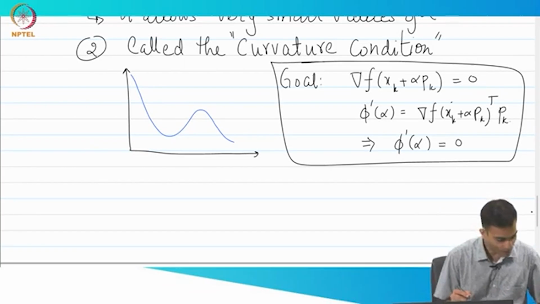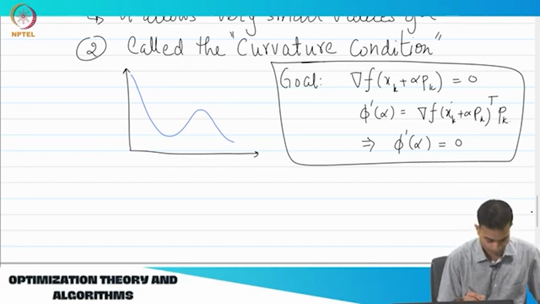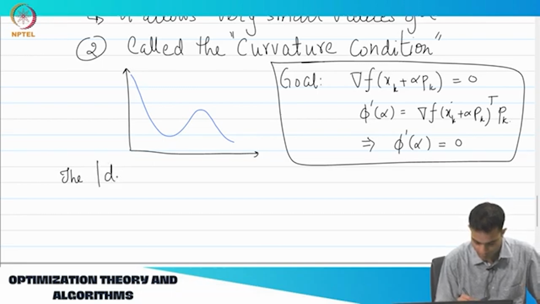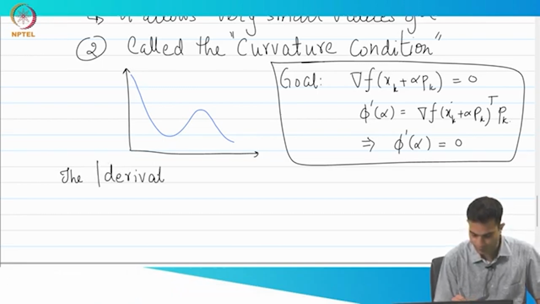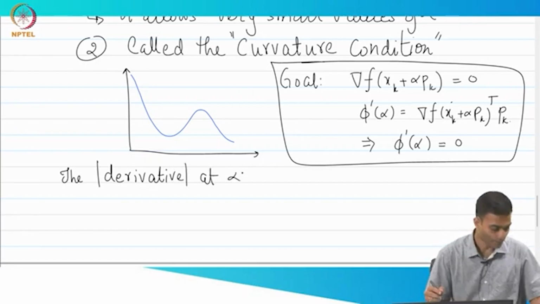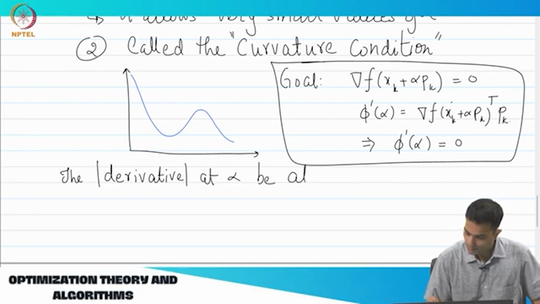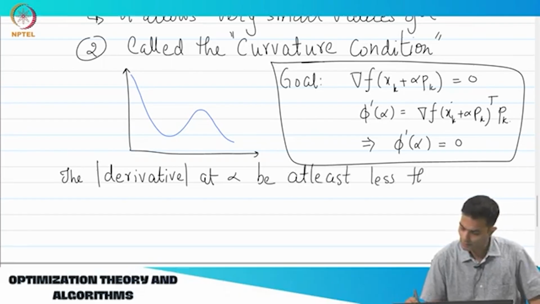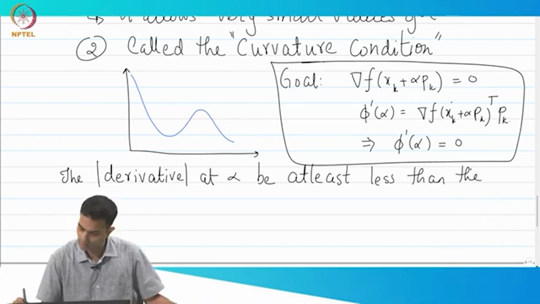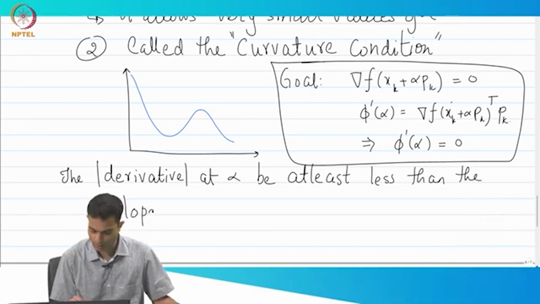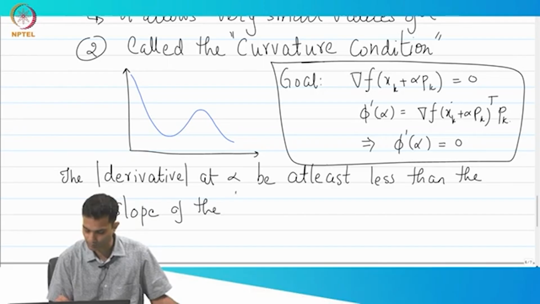So, in words what it says is that the value of the slope, the derivative at alpha, be at least less than the slope of the linear approximation.